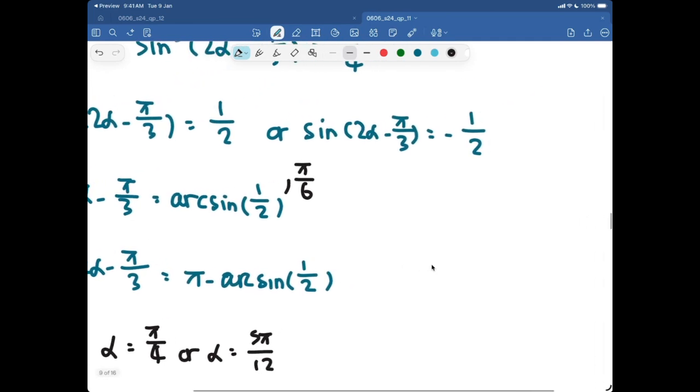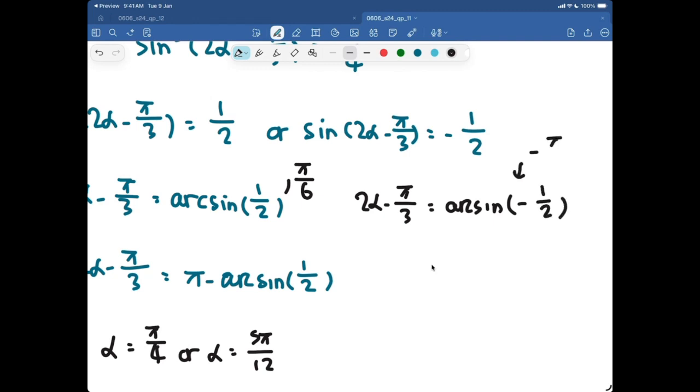Similarly, you could write 2 alpha minus pi over 3 equals arcsine of negative 1 over 2. This will give you negative pi over 6, so we can have alpha equals pi over 12. You could also have 2 alpha minus pi over 3 equal to something else.